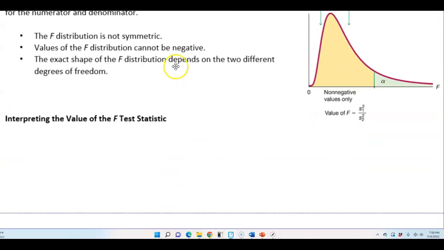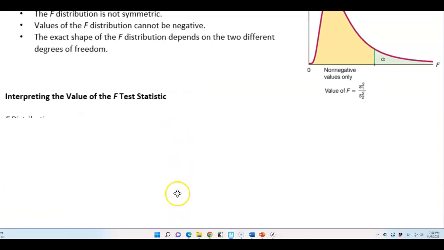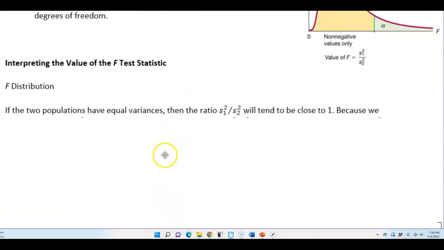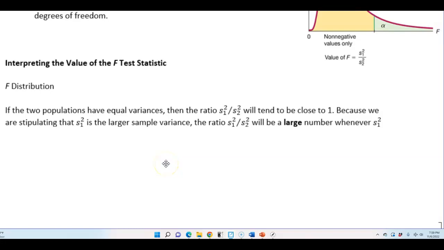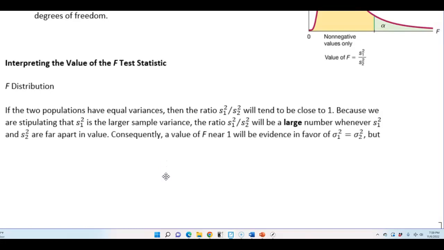Interpreting the value of the F test statistic, F distribution. If the two populations have equal variances, then the ratio will tend to be close to the value of 1. Because we are stipulating that sample variance 1 is the larger variance, that ratio will be a large number whenever sample variance 1 and sample variance 2 are far apart in value.